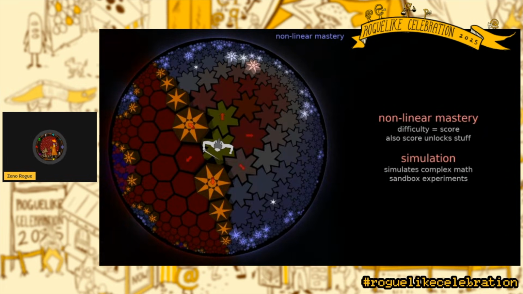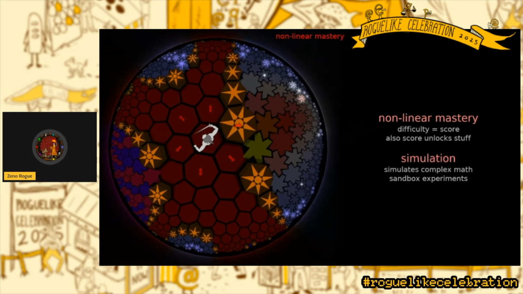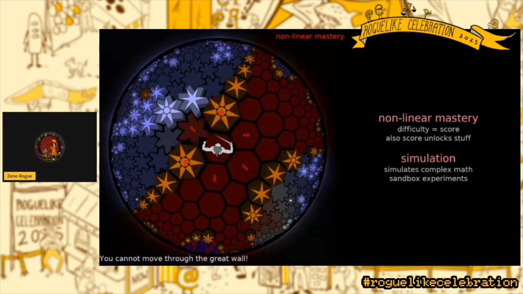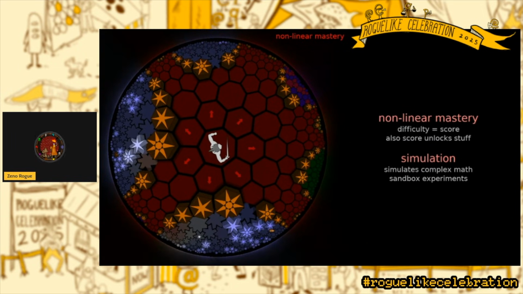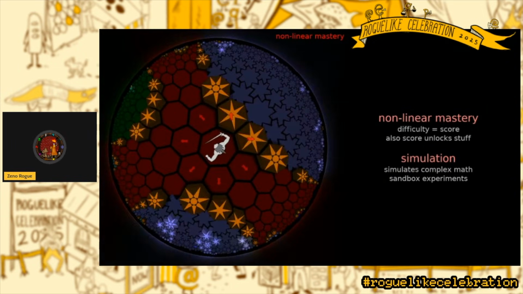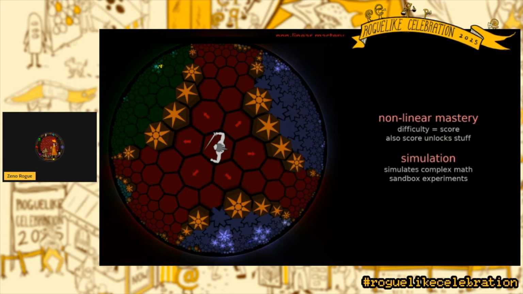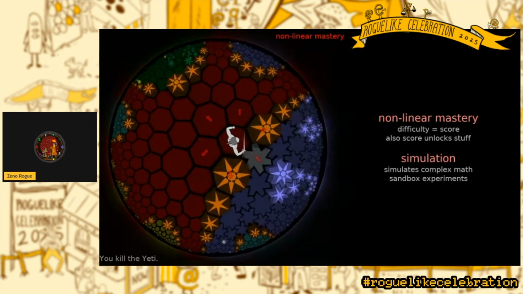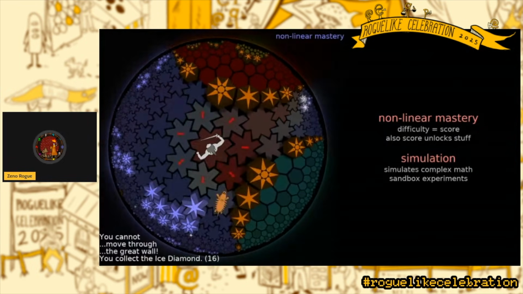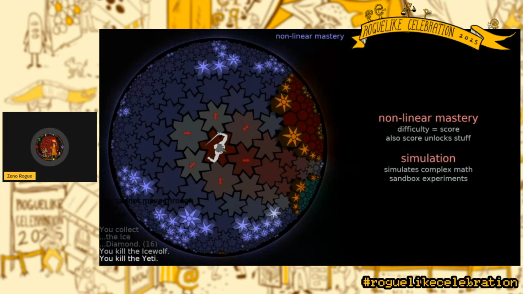Yes, it's an infinite world, right? So I wanted to have something which makes this mastery work in a world which is actually infinite.